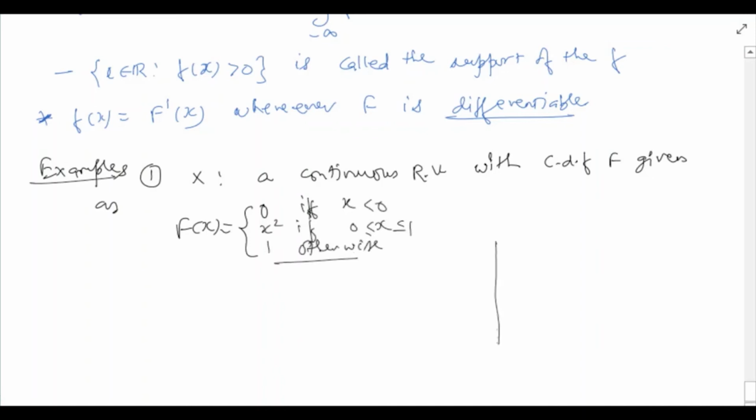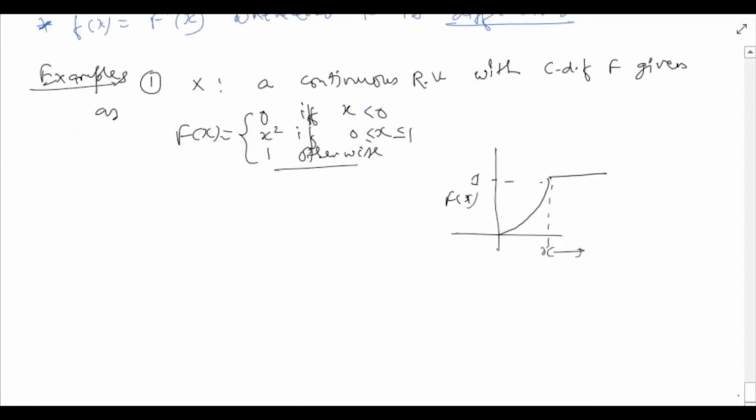If we plot the CDF, it looks like this. This point is 1, so is this. As we can see, this CDF does not have any jump. It is continuous, so x is a continuous random variable.